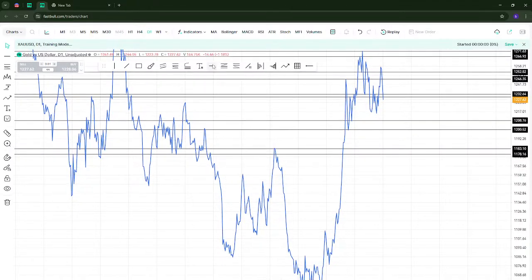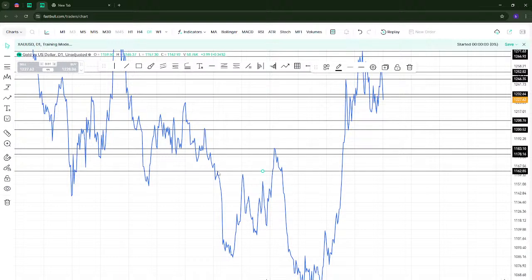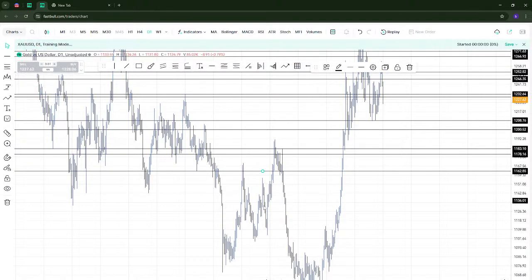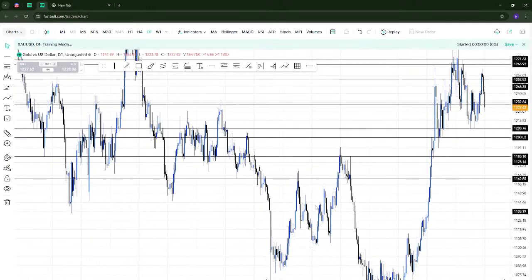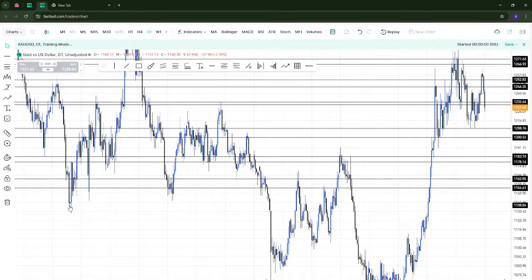Okay, then we have another one. Yeah, because I like drawing them within the little chart because they are a bit clean. They are a bit clearer than that. Okay.